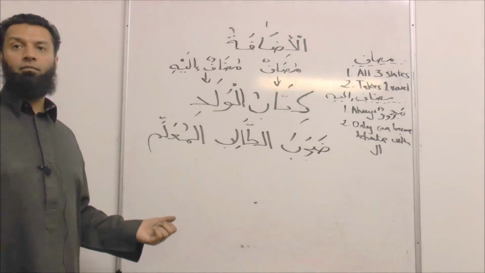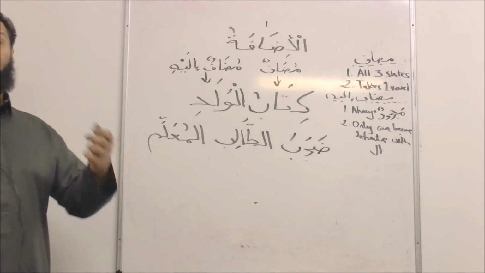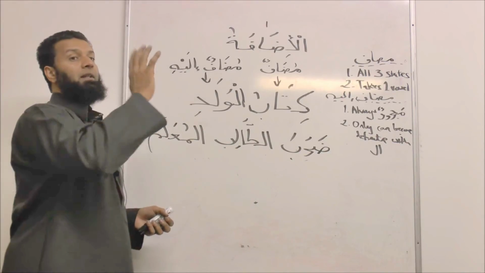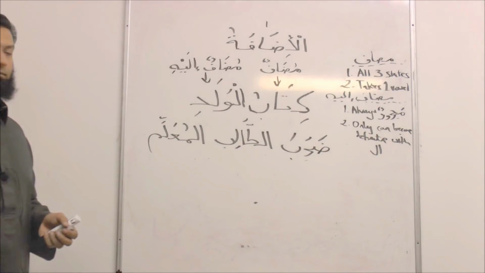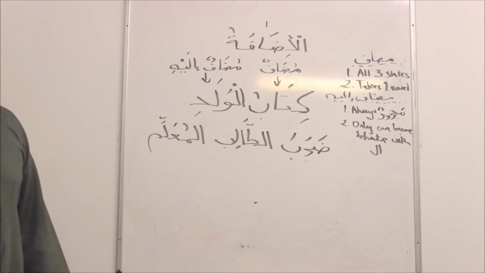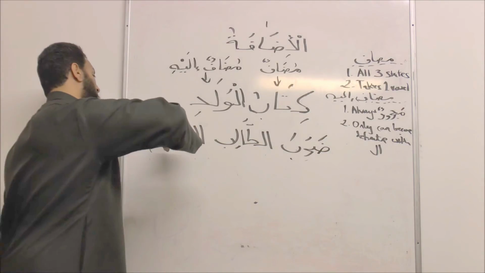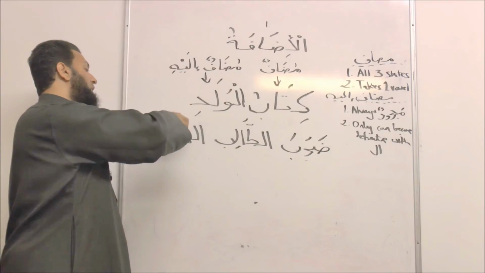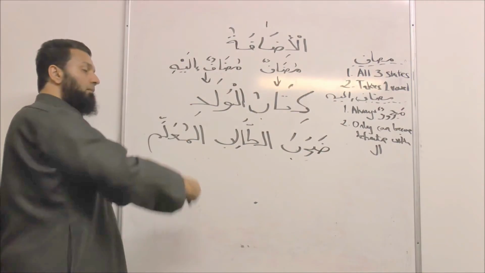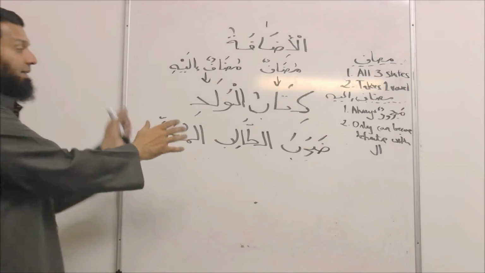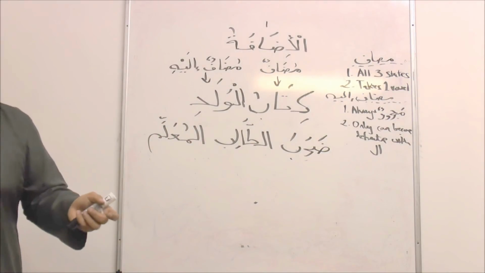How do we know? Because as I said, in the vast majority of Arabic texts, the vowel markings will not be there. So how do you know which one is al-fa'ilu, the doer, and which one is the maf'ulun bihi? In this instance, you don't know.